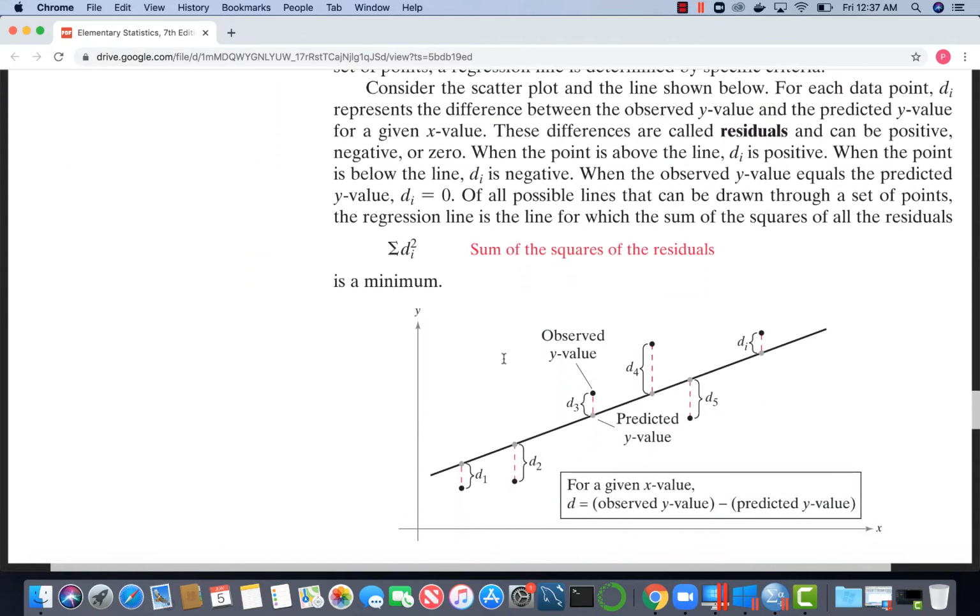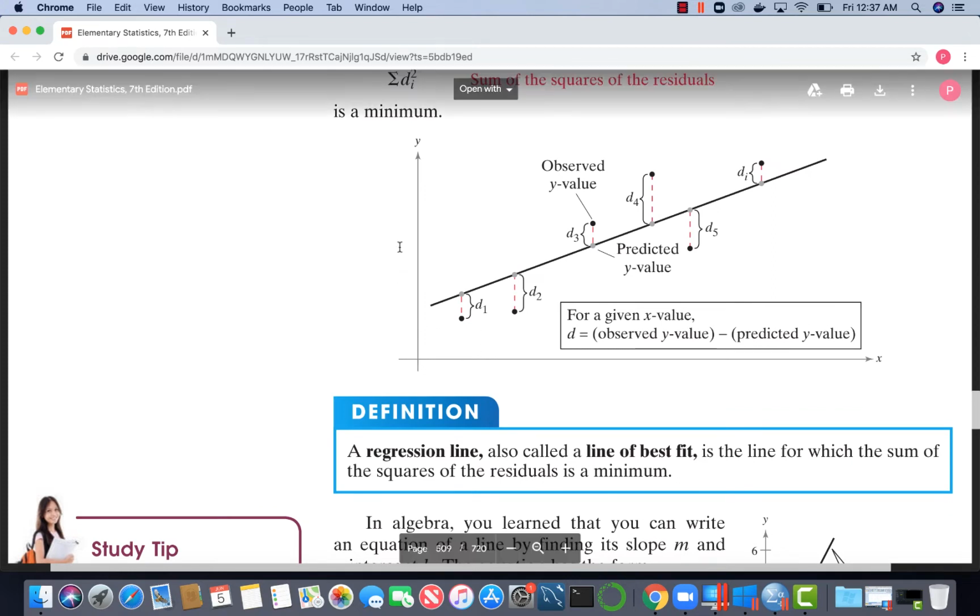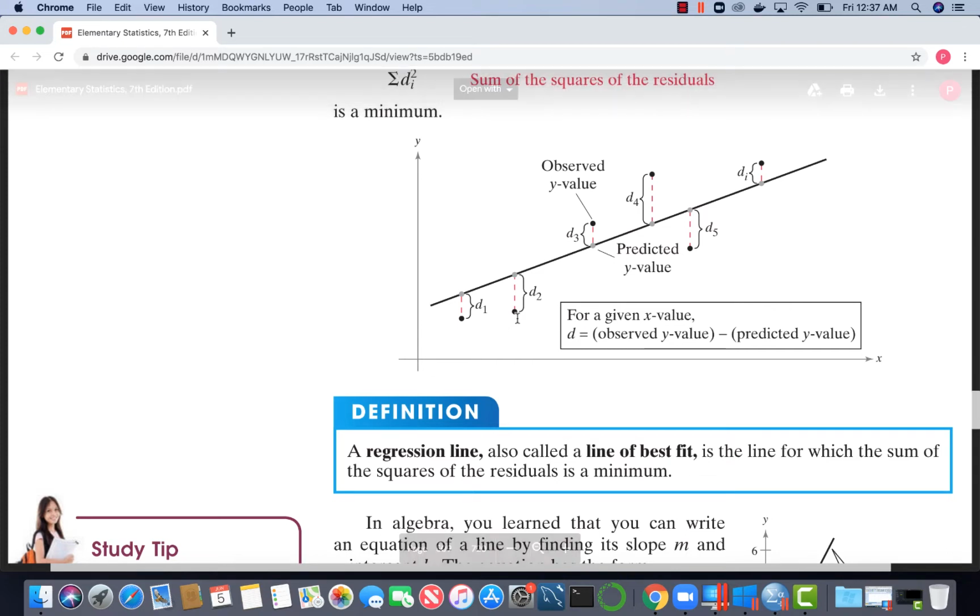The general idea: we have data, x and y values, we can plot the points, and then we are looking for the line which minimizes the sum of the squares of the distances between the points and this line.